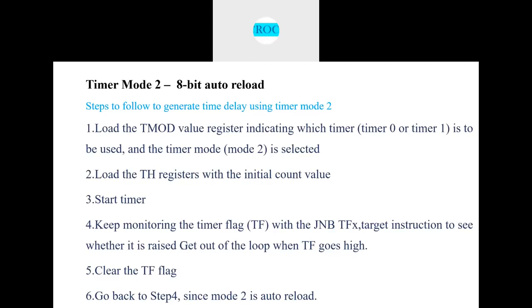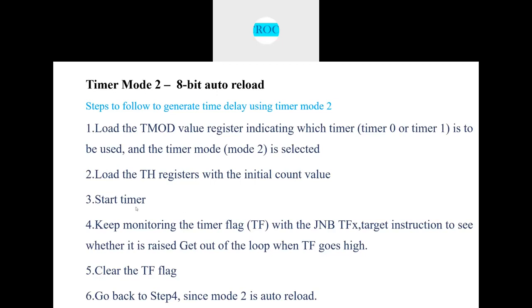The first thing is to initialize the TMOD register to operate in mode 2. After that, you load the TH register with the initial count value. Since it is an 8-bit timer, as I said, we initialize only the TH register with the initial count value. Once we initialize that, you start the timer.